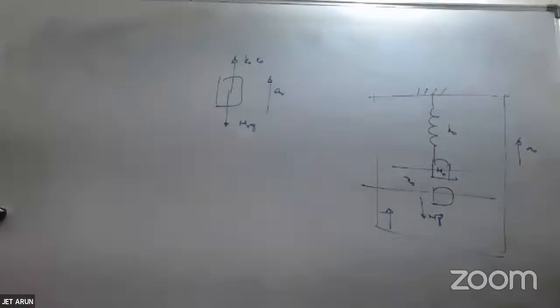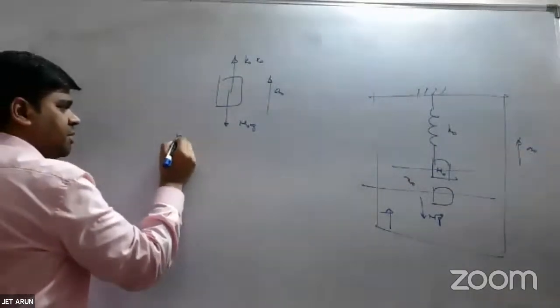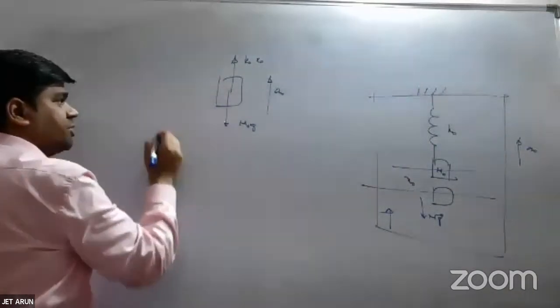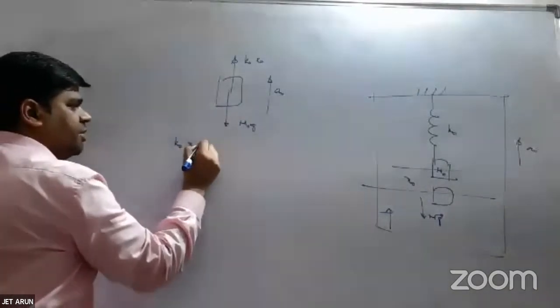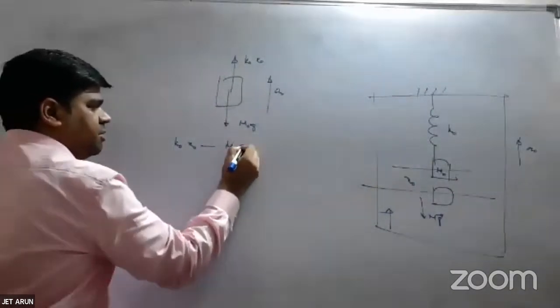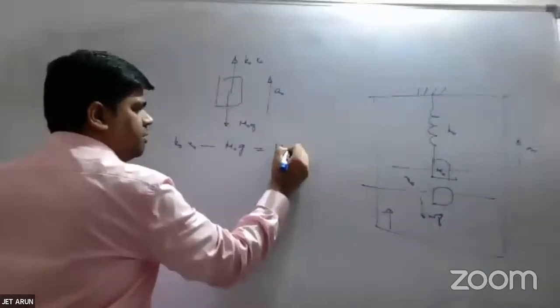So I've got FBD and MAD both. All I have to do is write the equation. F is equal to mass into acceleration. So k naught x naught minus m naught g is equal to m naught into a.